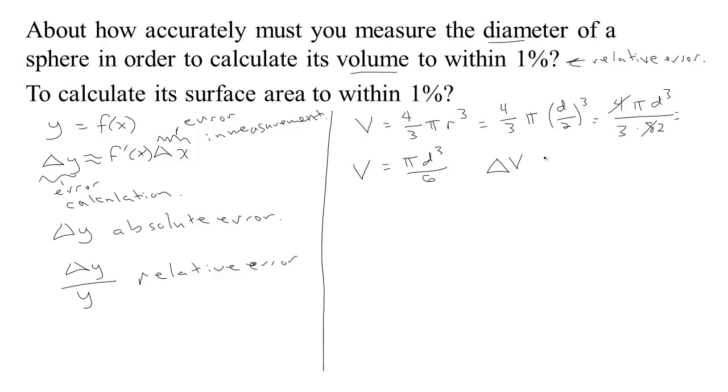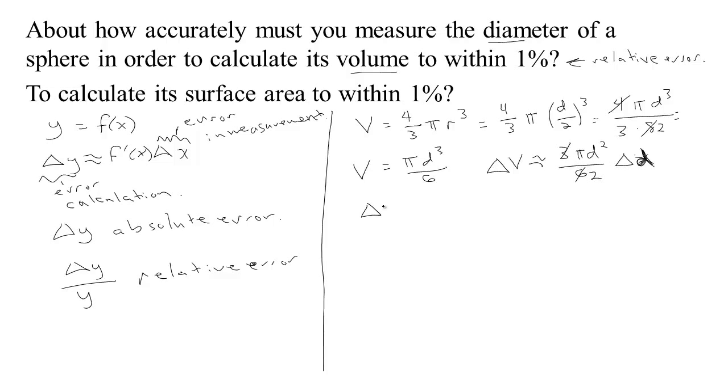Well, we know that the change in V is going to be approximately equal to the slope, which, if you take the derivative here, the 3 comes down, you get pi, you get d to 1 power less, divided by 6, times the change in d, right? That's the thing that we were measuring, the diameter. Okay, so change in output is slope times change in input. I can simplify this a little bit because the 3 goes into the 6 twice.